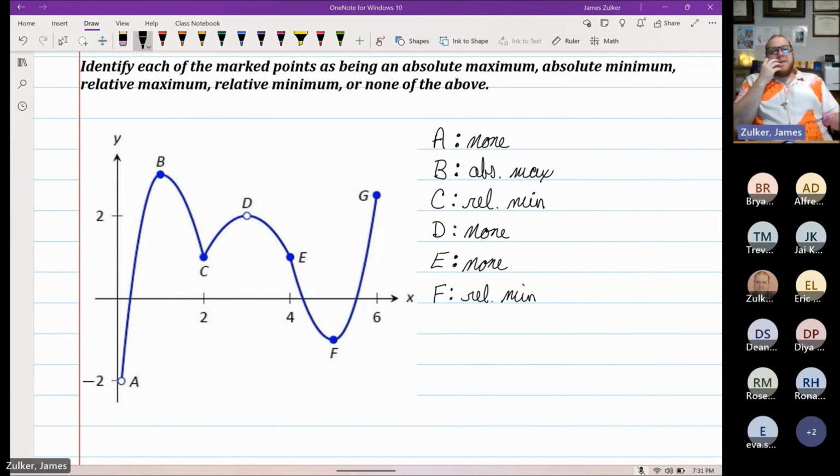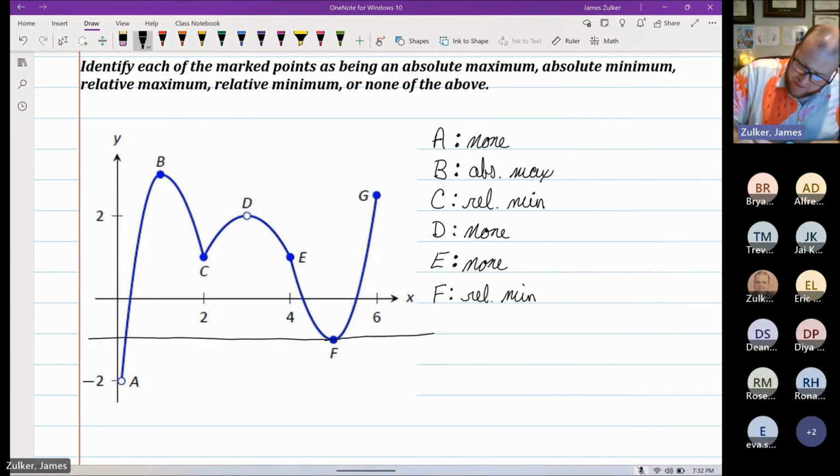F is a relative min. It's not the smallest value. There are values below it.